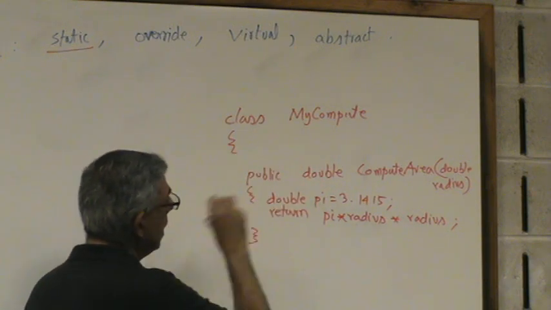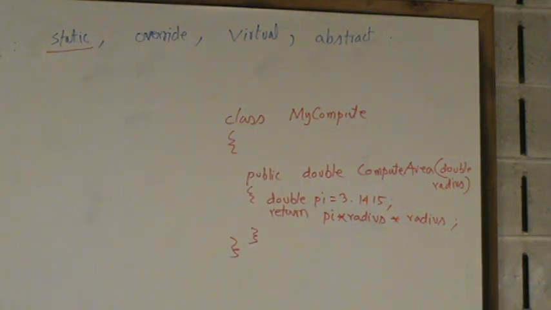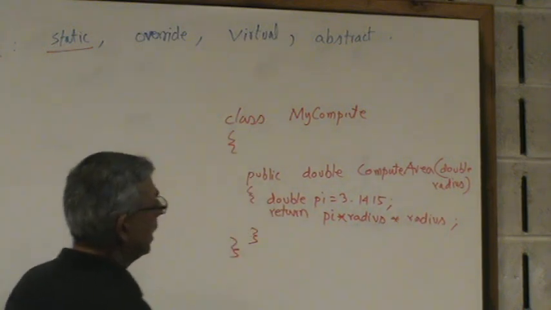So let's pretend we wrote one simple class with one simple function in it. If anybody calls this, it will return the area of the circle for a given radius.